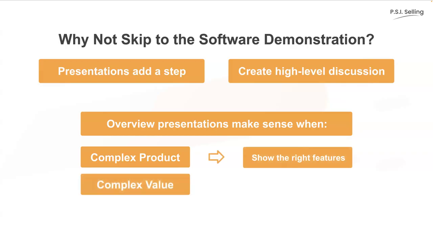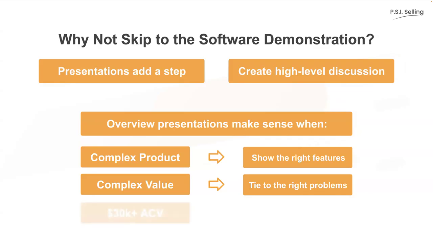It's also really useful if the value of your product is complex. And this is important because when you are getting into the details of your product, you want to be sure that you are tying those product details to problems that the prospect cares about. If you don't do that, you're just presenting a lot of information that doesn't seem very important.